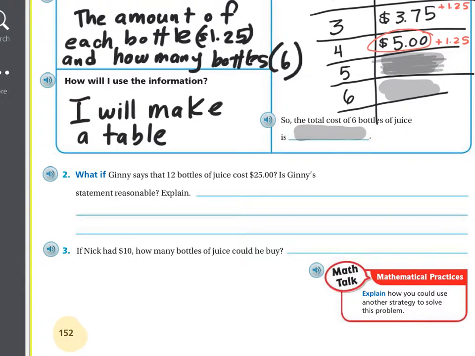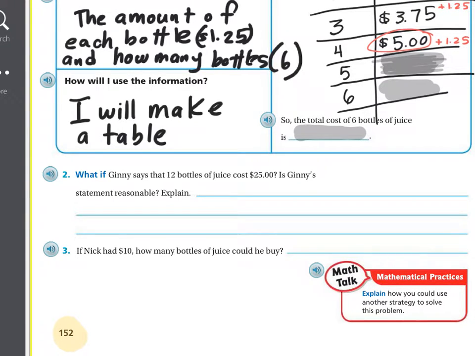What if Jenny says that 12 bottles of juice cost $25? Is Jenny's statement reasonable? So you have to decide. Reasonable means, does that make sense? After you find the answer for this, you're going to say, does that compare to $25? Is it reasonable? Is it close? Is $25 close to the answer here? Then you're going to want to write a yes or no statement.